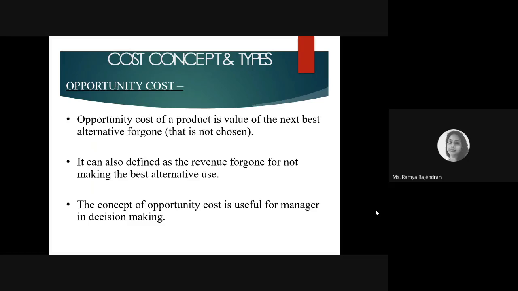As I was saying, opportunity cost is nothing but the value of the next best alternative forgone, because you're not choosing that alternative. You chose to study instead of sleeping, so you forwent a good night's sleep. So the loss of that is your opportunity cost.